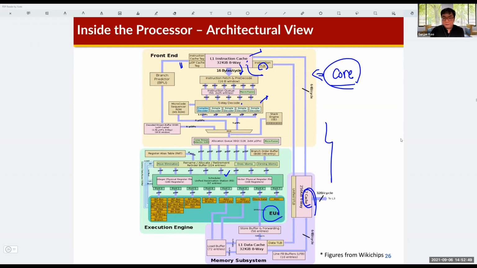But with this figure, we can understand, oh, this component is for something. Oh, the signals are connected between components. So we can understand how CPUs work.